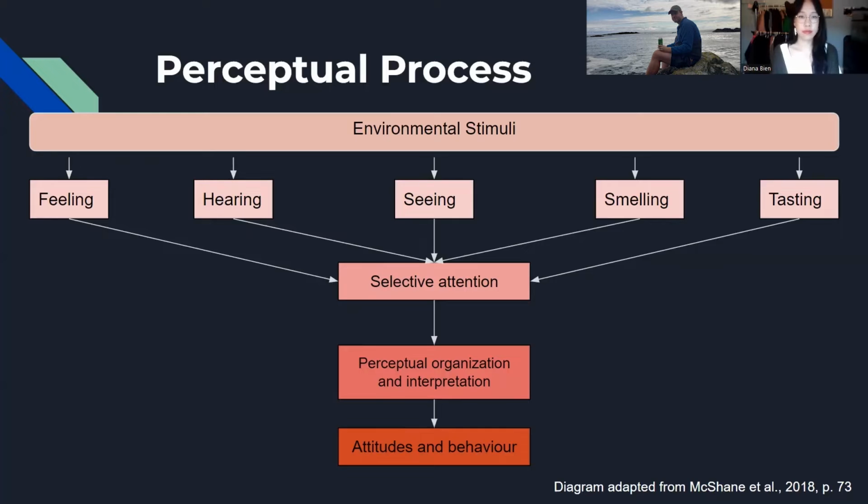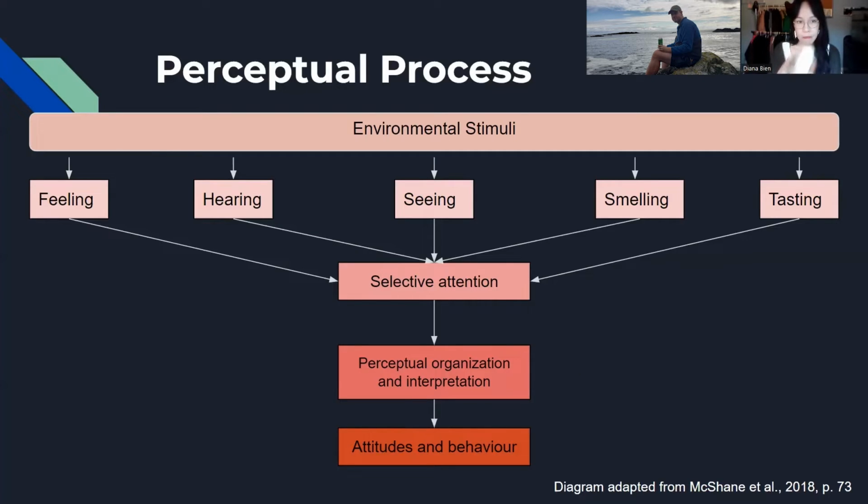Perceptual organization and interpretation is then used to narrow down and understand the stimuli deemed relevant during selective attention. This can involve categorical thinking and the use of mental models, which we will expand on later. The categorization and modeling are interlinked and assist in our final judgment of the stimuli. Studies show this judgment can occur with some accuracy in as little as 1 second.